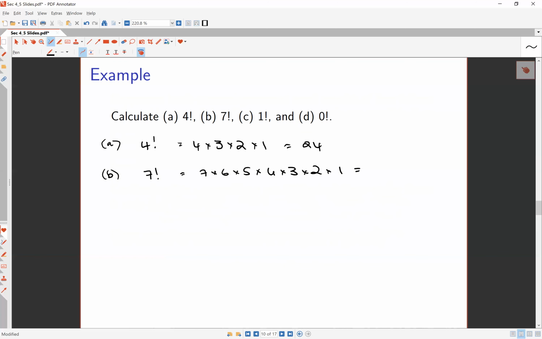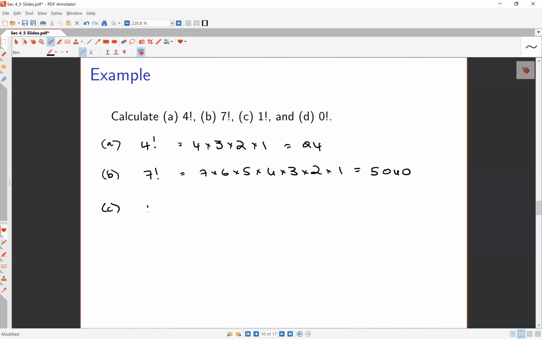And so now you can see the multiplication can get tedious pretty quickly. But if we do this multiplication here, we get 5,040. Now, there is a factorial button on your calculator, and during our next Zoom session, we'll make sure everyone knows where to find that and is comfortable using that.